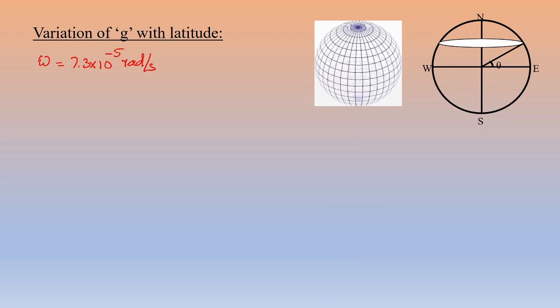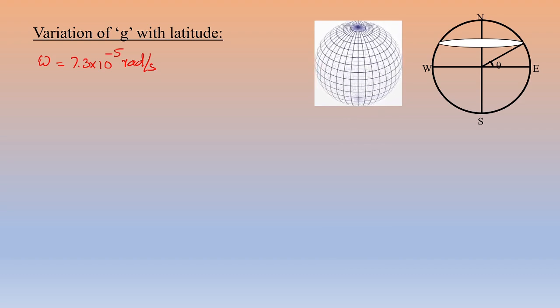Due to this rotational motion of the earth, the object on the surface also experiences an acceleration, and this acceleration varies with the latitude. The value of the acceleration is different at different places on the surface of the earth. The effect of this acceleration is to reduce the effective value of acceleration due to gravity.